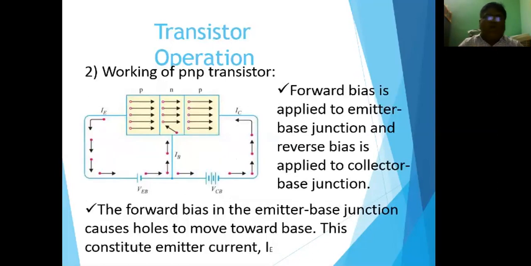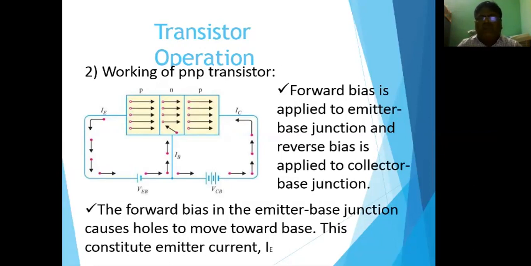Next, how does the PNP transistor work? This is the diagram of the PNP transistor. The N layer sandwiched between two P layers is called the PNP transistor. Please remember this diagram.